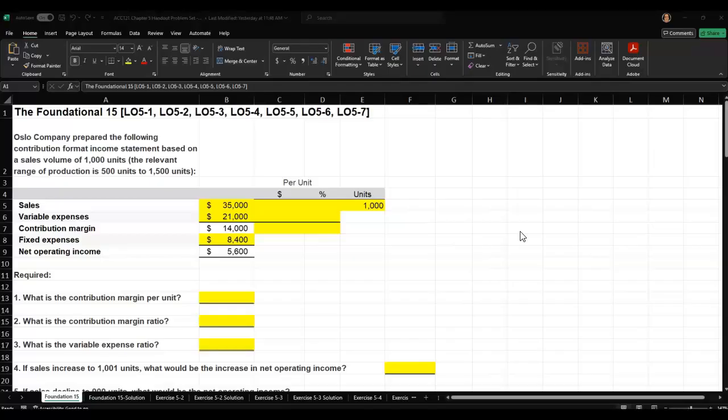The other thing is that in 121, we're never looking at the bottom line of the income statement. We never talk about net income, we talk about net operating income. So if you take that all the way back to 120 in chapter 6, it was sales minus cost of goods sold equals gross profit.